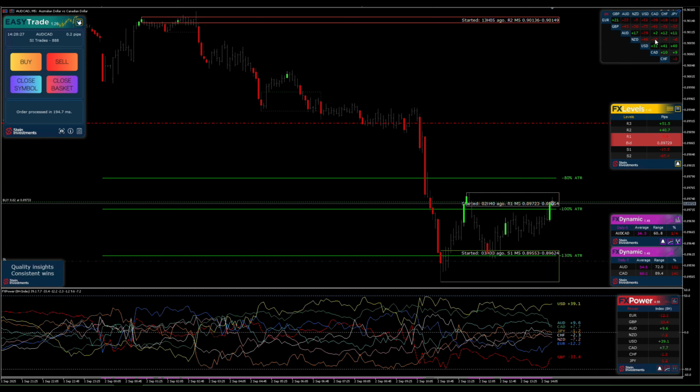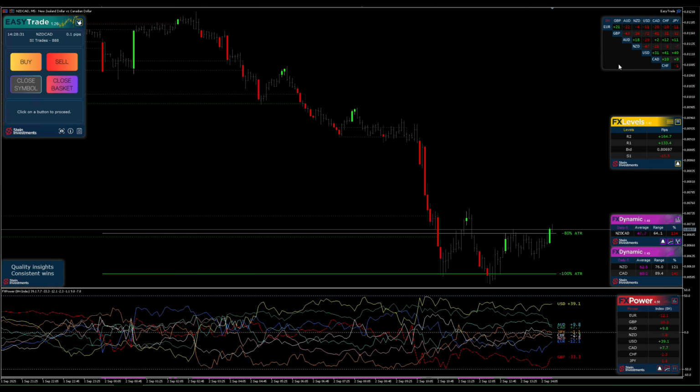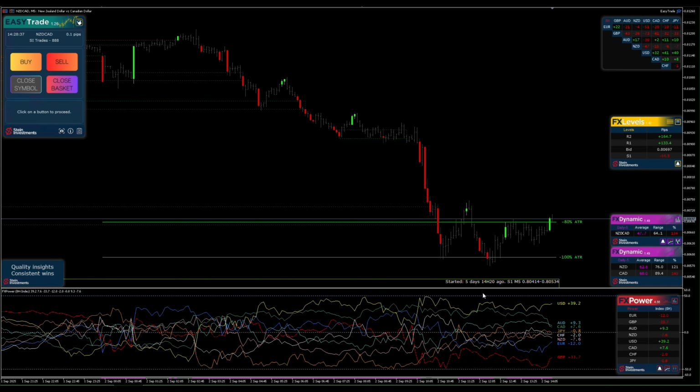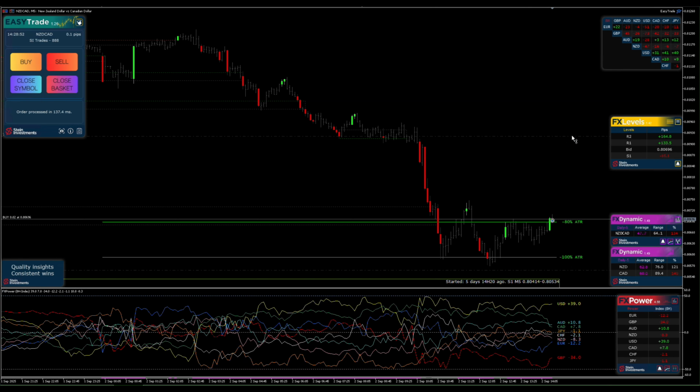Then we use the New Zealand dollar Canadian, move this down a bit, so same situation as on the Aussie dollar Canadian. Here is the next support level, so we can either use the last low or even this one as support level, but this is perfectly fine here and should be sufficient for this trade.